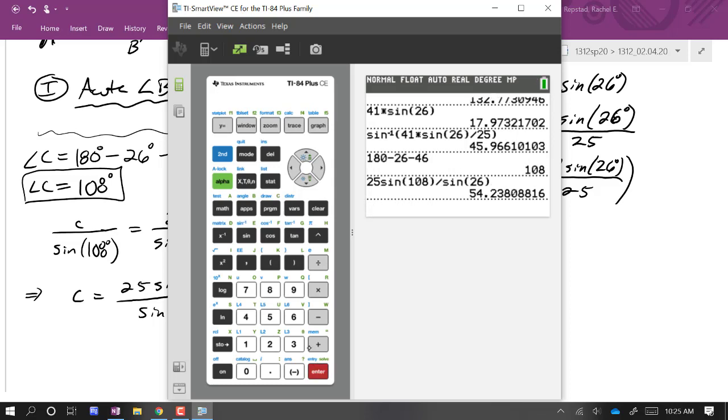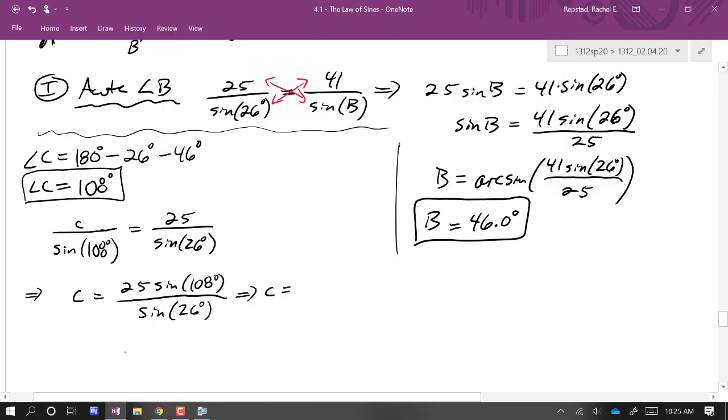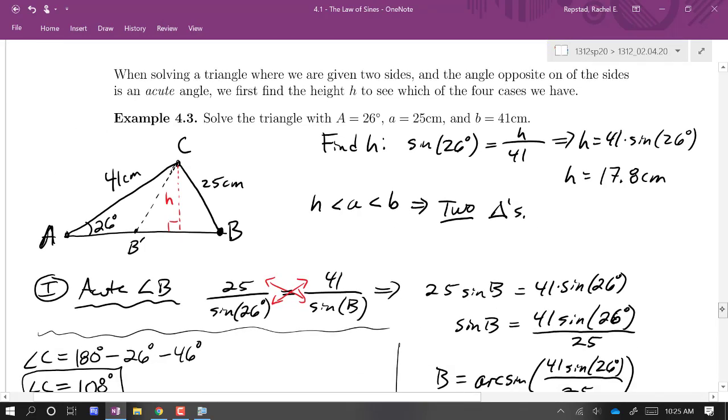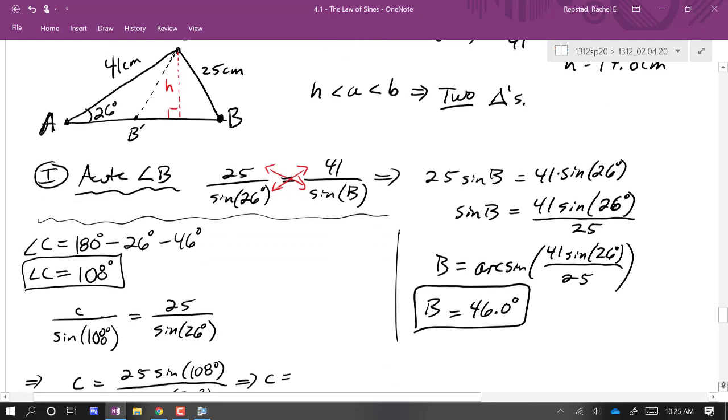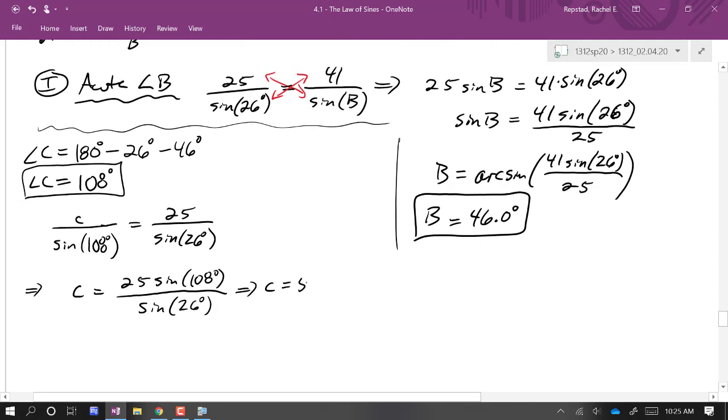54.2 centimeters. And that is the longest side.